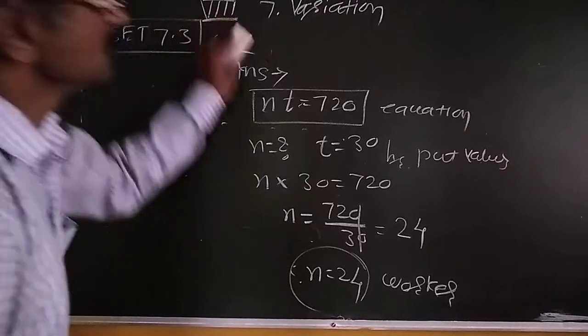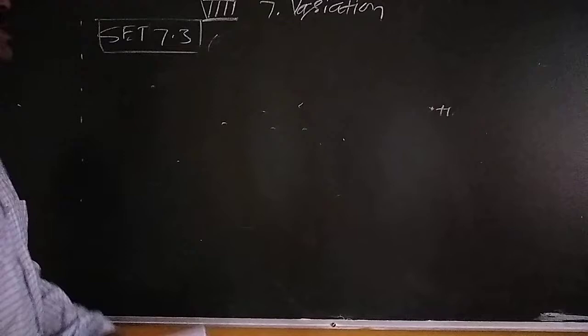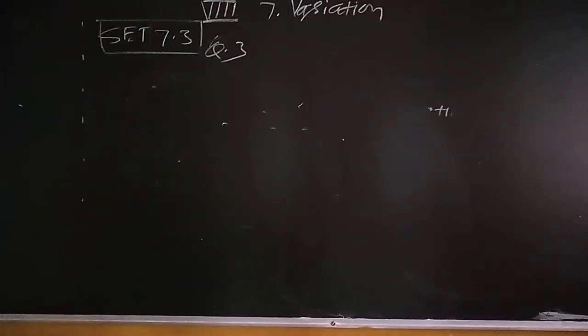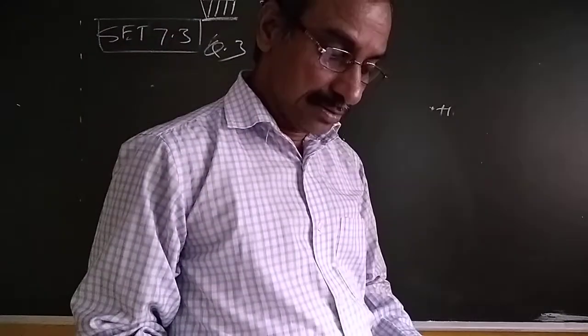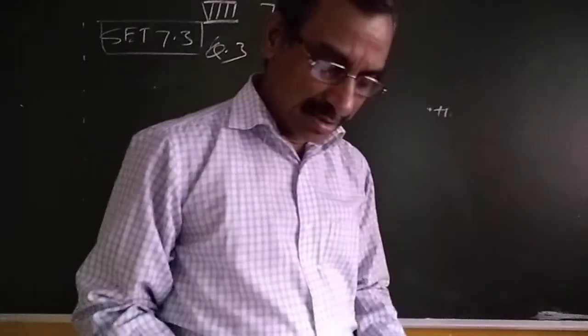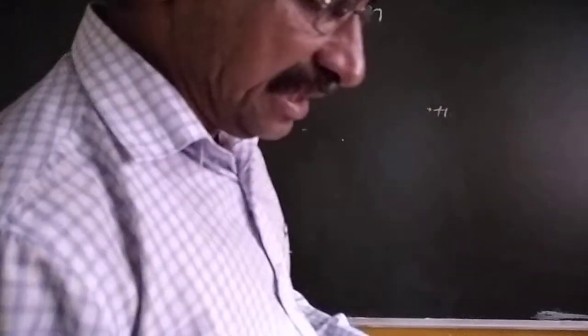Then we are going to solve question number 3. I will read this question. 120 bags of half-liter milk can be filled by the machine within 3 minutes. Find the time to fill 1800 bags.